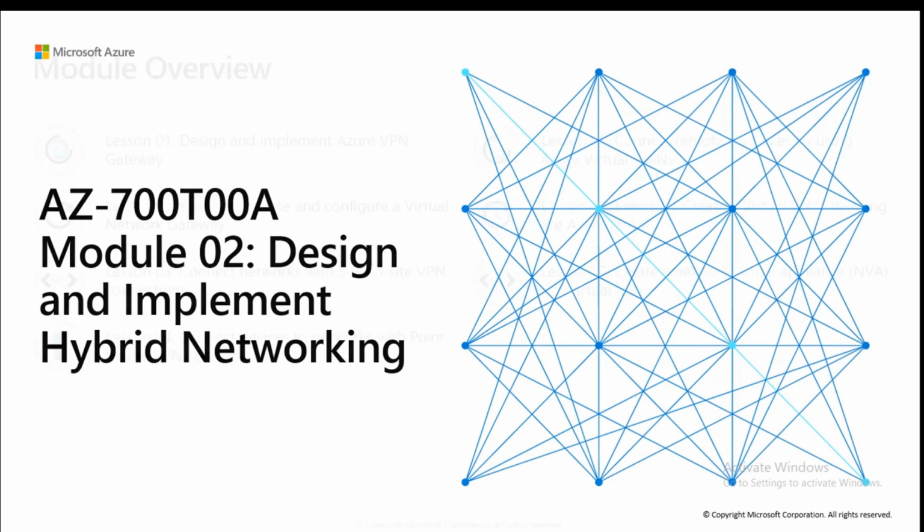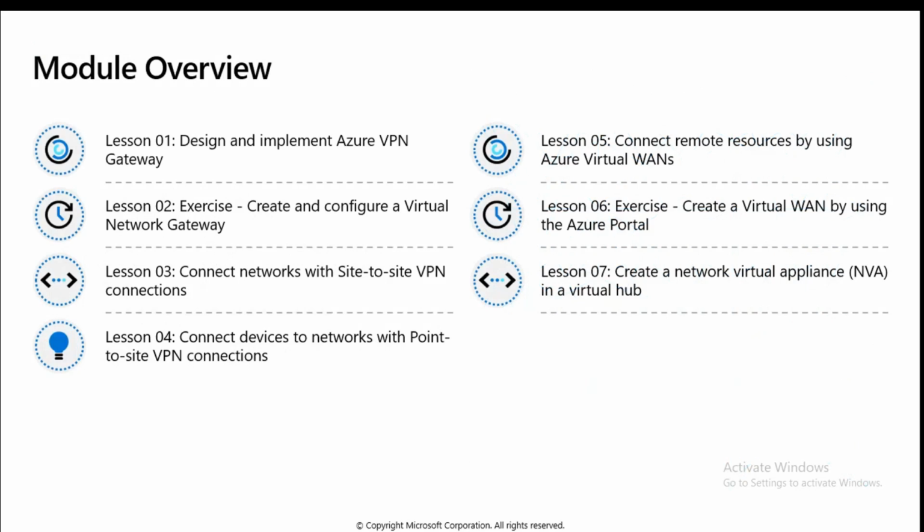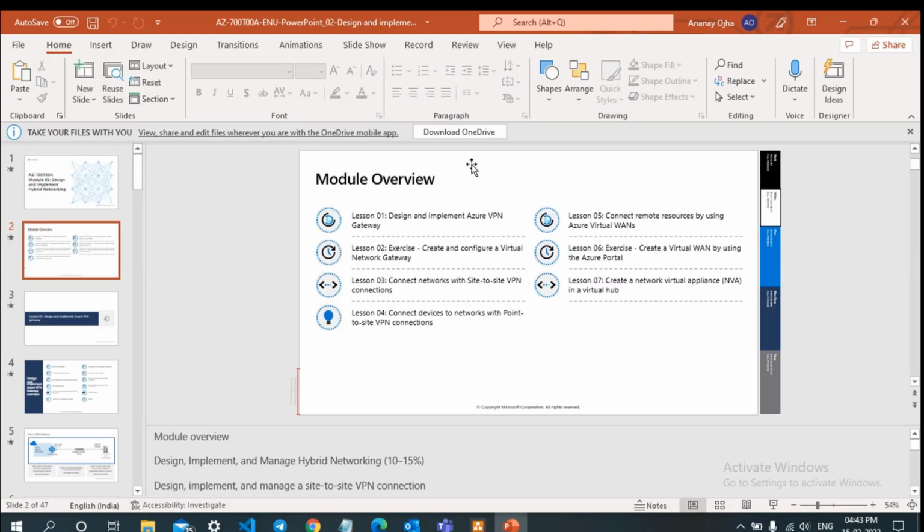Now, in this module, we're going to learn about some of the methods through which you can connect your devices, your other cloud platforms, as well as your data centers and your branches with Microsoft Azure. The reason why hybrid networking is gaining a lot of popularity these days is because many companies do not want vendor lock-in.